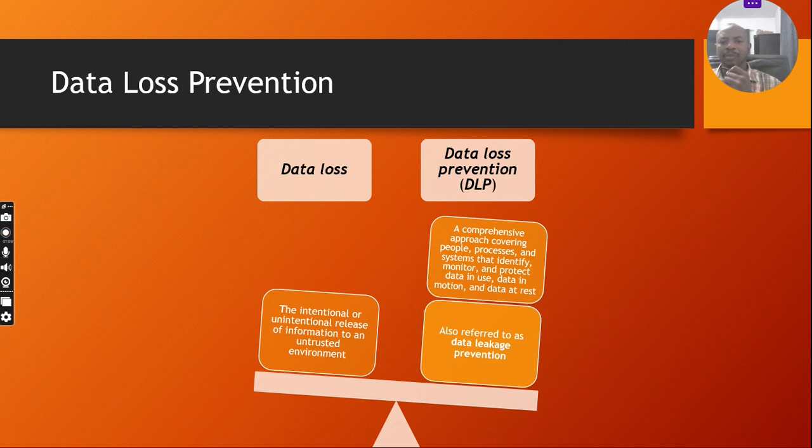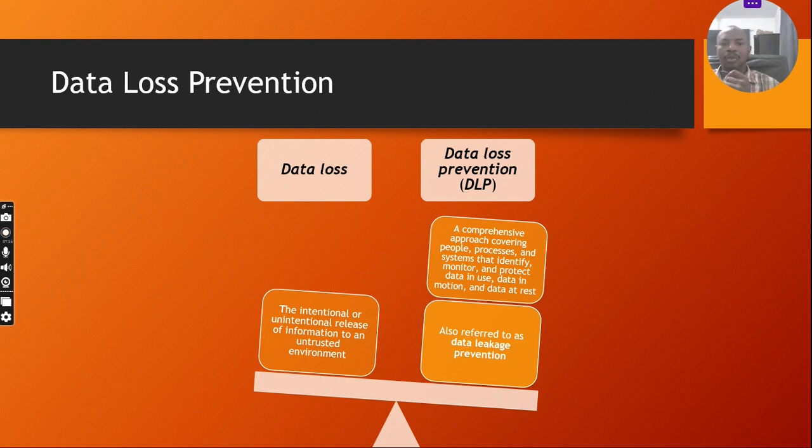Now, data loss prevention is a holistic approach that covers the people, the processes, and the systems that identify, monitor, and protect data in use, data in motion, and data at rest. You remember we have three states of data: data in use, data in motion, and data at rest.